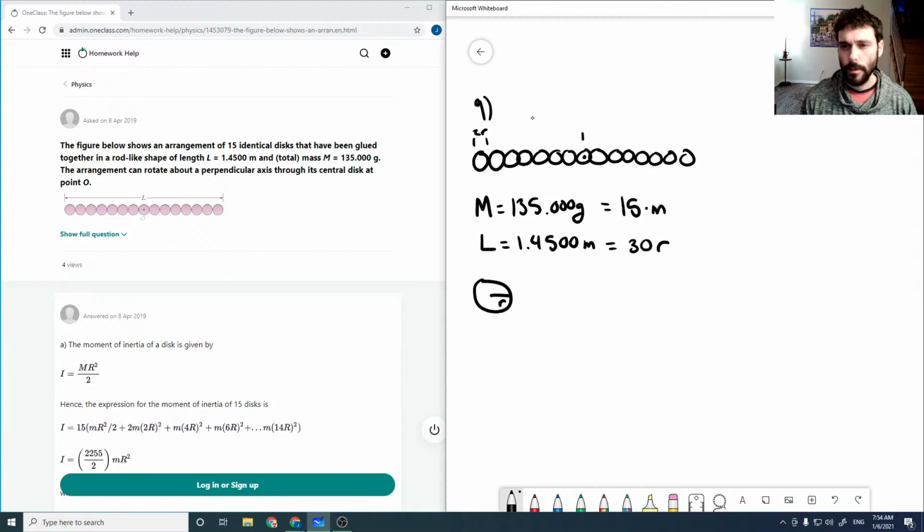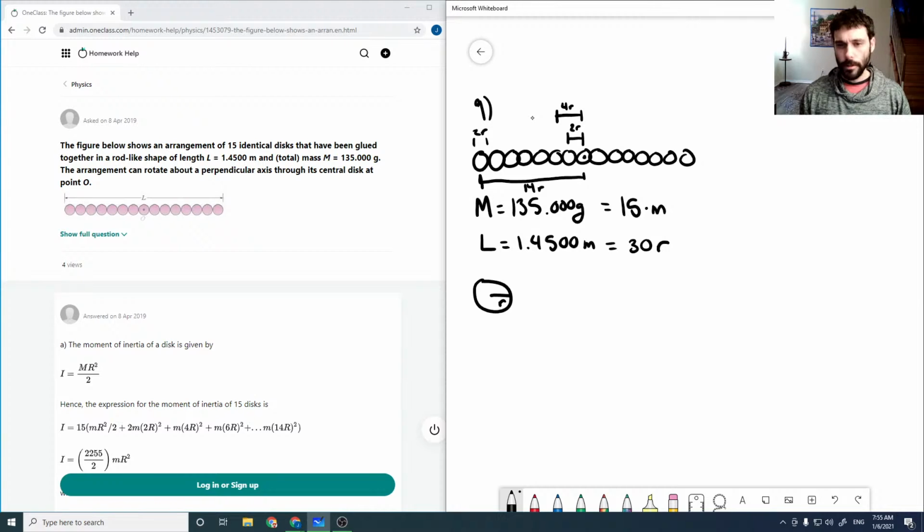Also, the distance between each of the centers is going to be increasing in increments of 2r, all the way up to the last point, which is going to be 2, 4, 6, 8, 10, 12, 14r away from the middle. And again, that will be helpful in a second.